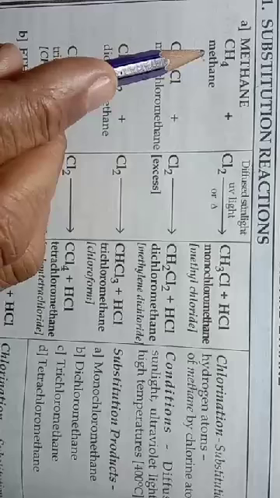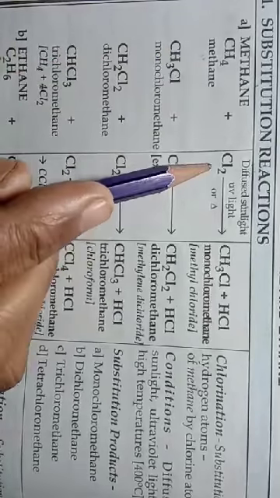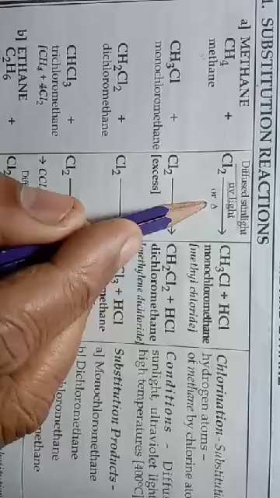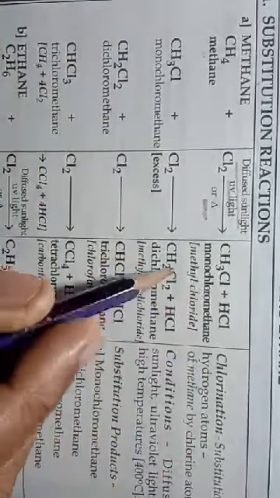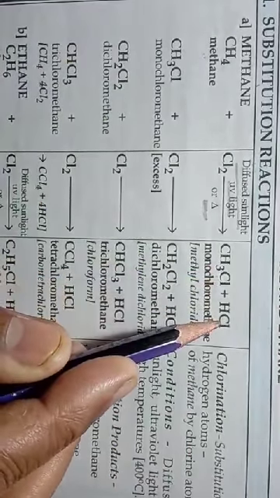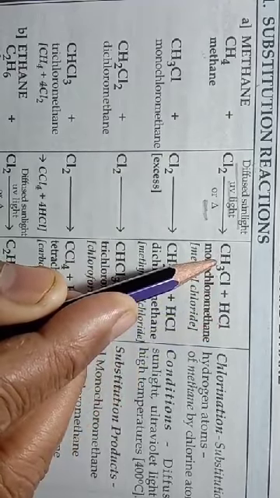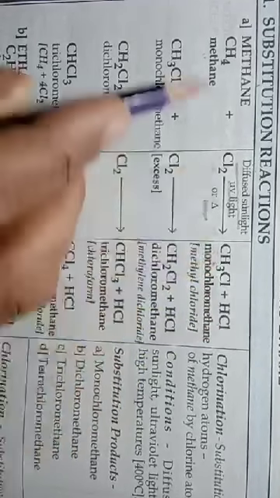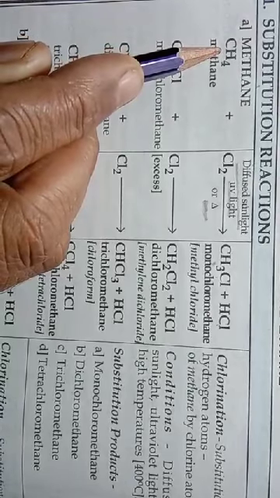Methane reacts with chlorine in the presence of diffuse sunlight or on heating, forming a chloro compound plus HCl. The compound formed has one hydrogen atom less than the parent alkane.